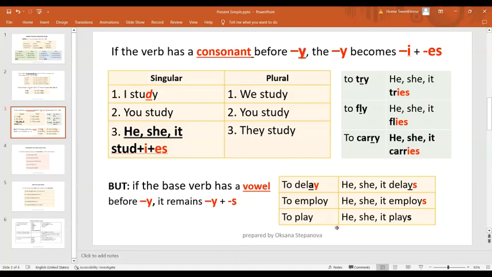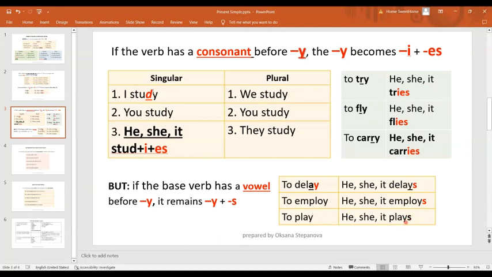Look at other examples. Employ. Look what comes before Y. It's O. Is O a vowel or a consonant? It's a vowel, right? Yes. That's why we leave Y and we just add s.